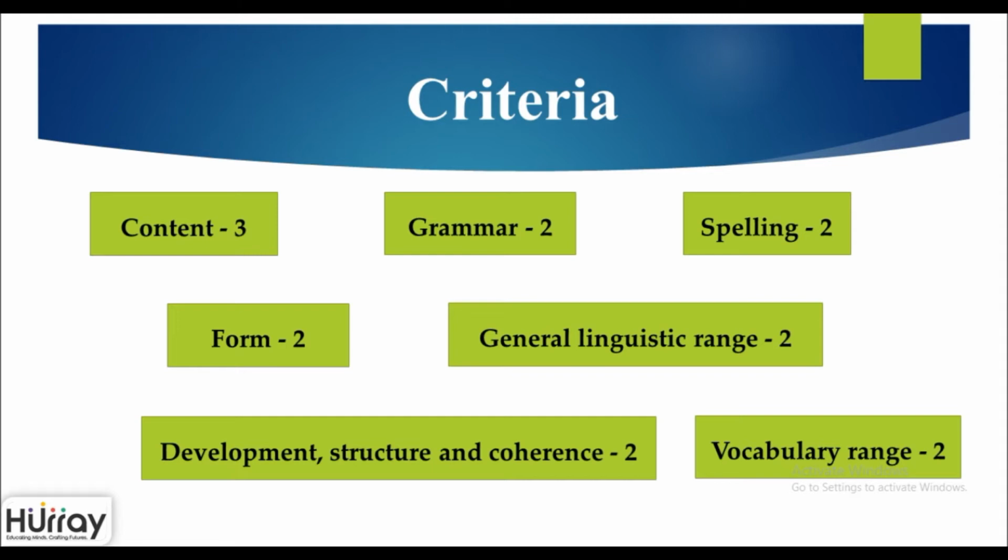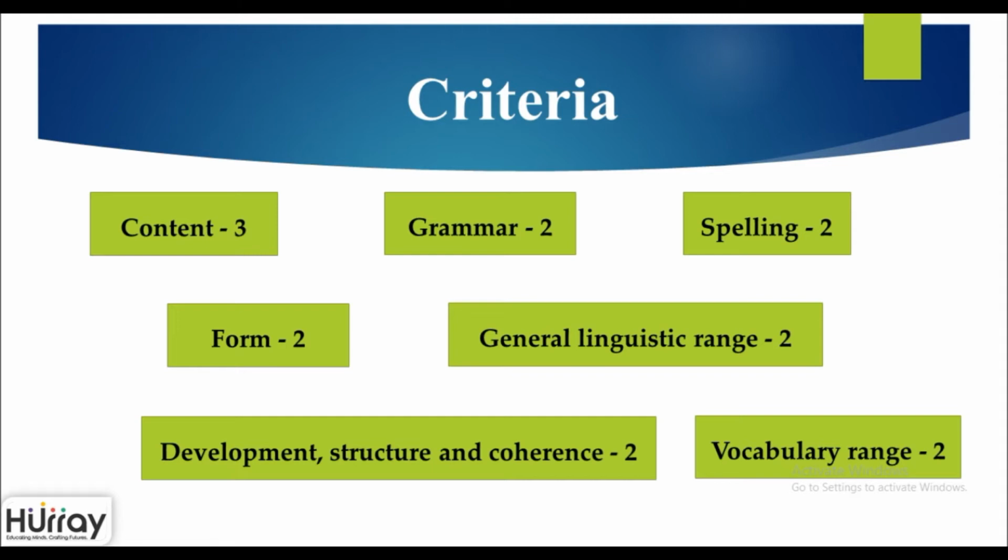You must use a combination of simple as well as complex sentences. The next criteria is general linguistic range. This basically checks the extent to which you can utilize language to properly express or put across the message your essay is trying to give.